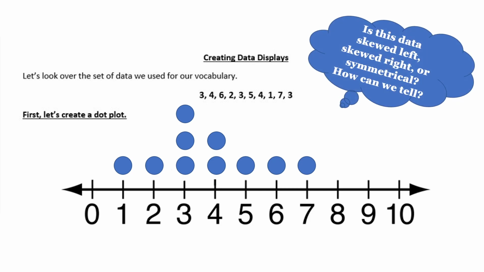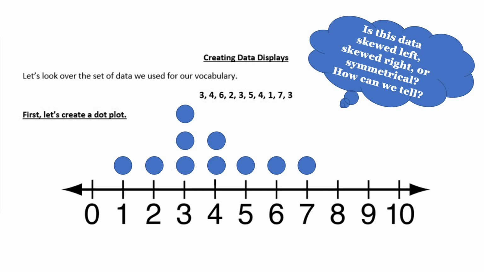Is this data skewed left, skewed right, or symmetrical? And how can we tell? This data is what I would call symmetrical because we have our peak near the middle of our data, and there are some numbers over here and some numbers over here. I would say it's closer to symmetrical, but some might argue that it could still be skewed right because there are fewer numbers.